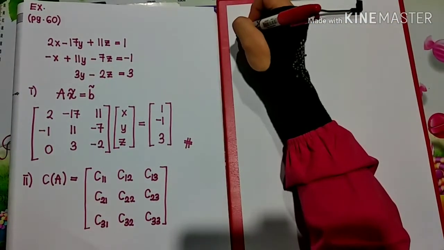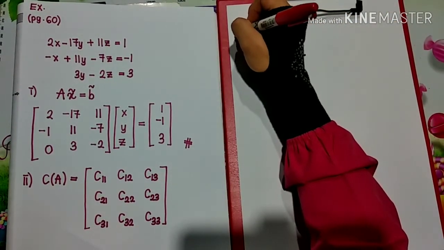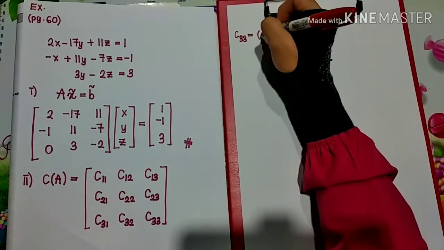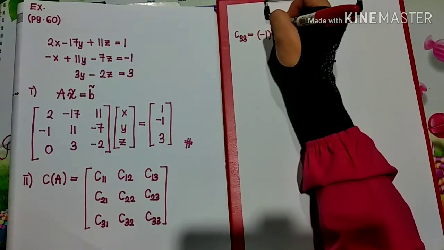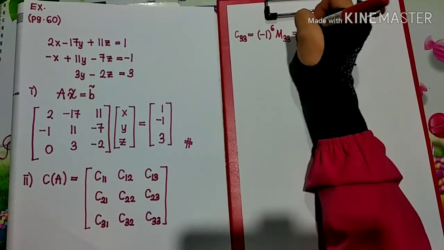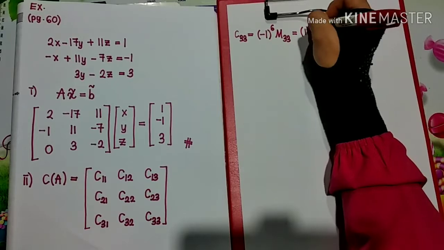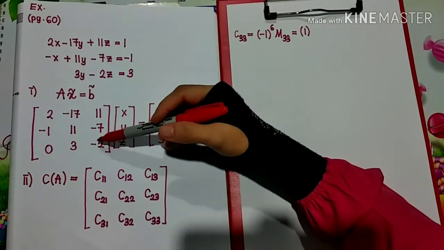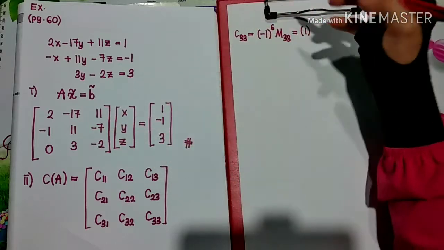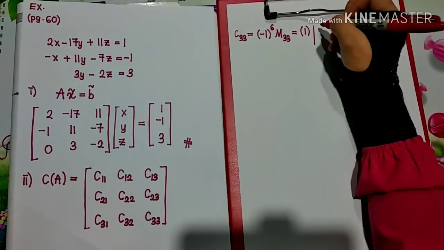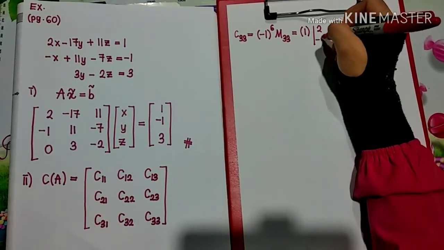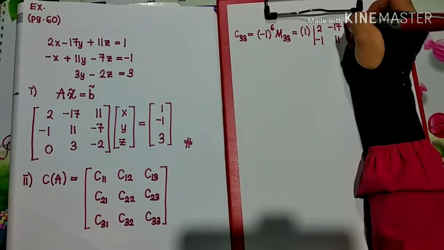Okay, the last one, we compute C33. So negative 1 power 6, M33. So negative 1 power 6 will be 1. M33 here, okay, you refer to the coefficient matrix A here, so you delete third row, third column. So what you will have here: 2, negative 17, negative 1, 11.